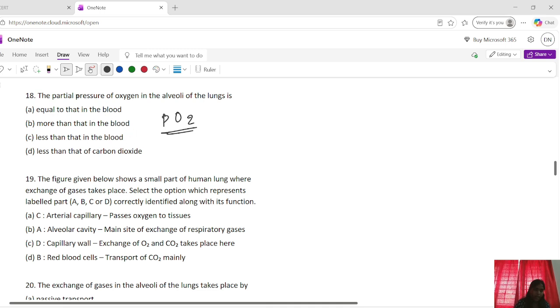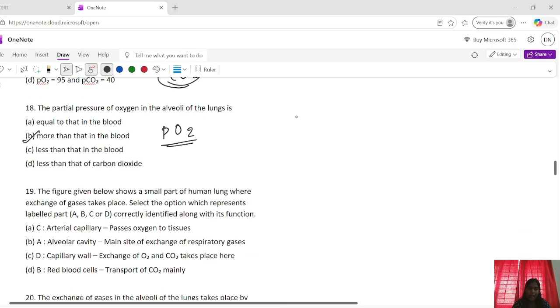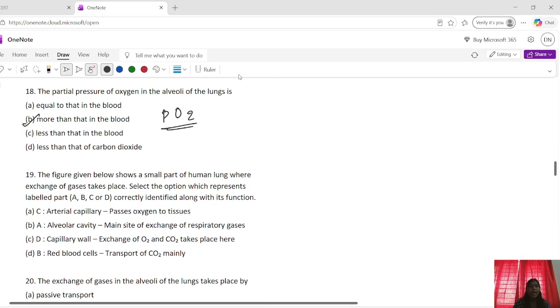So option B is correct, because as I have told you, oxygen concentration in the alveoli is high. If the oxygen is high, of course partial pressure of the oxygen in the alveoli will also be high, and PO2 of blood will be low, and that is how the diffusion from alveoli to blood happens.